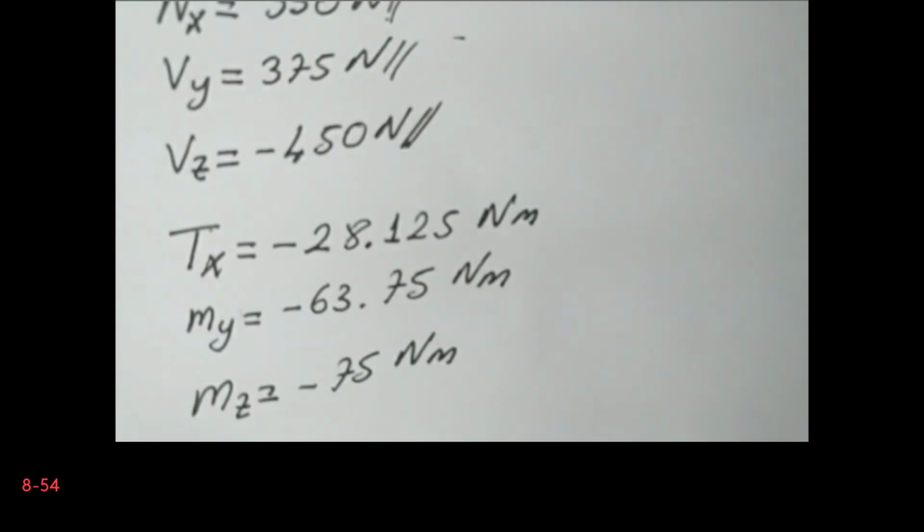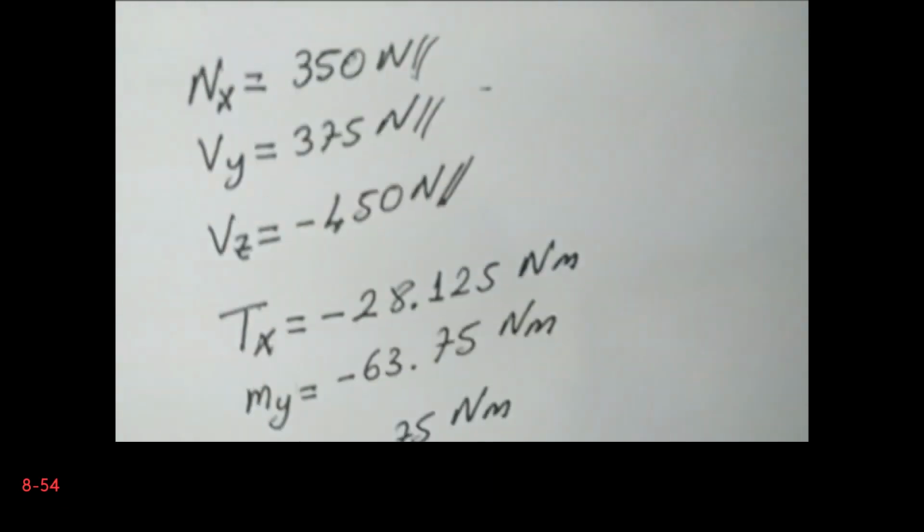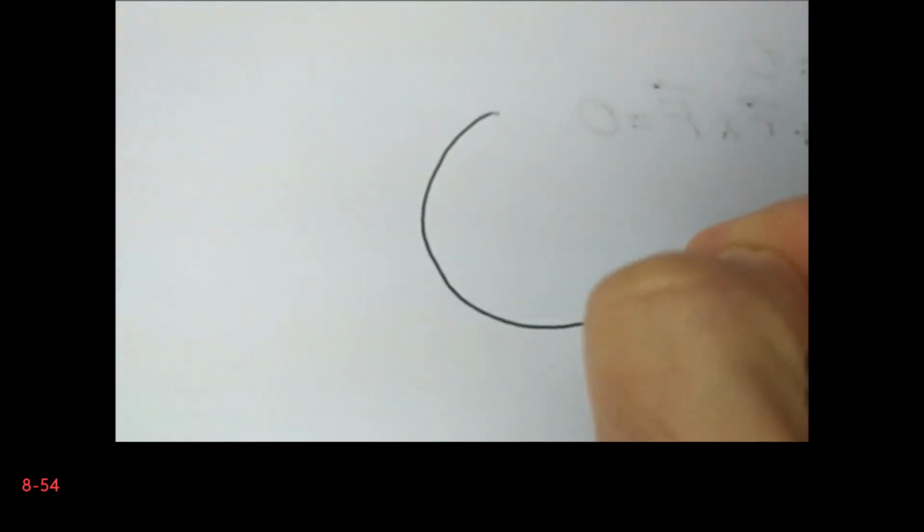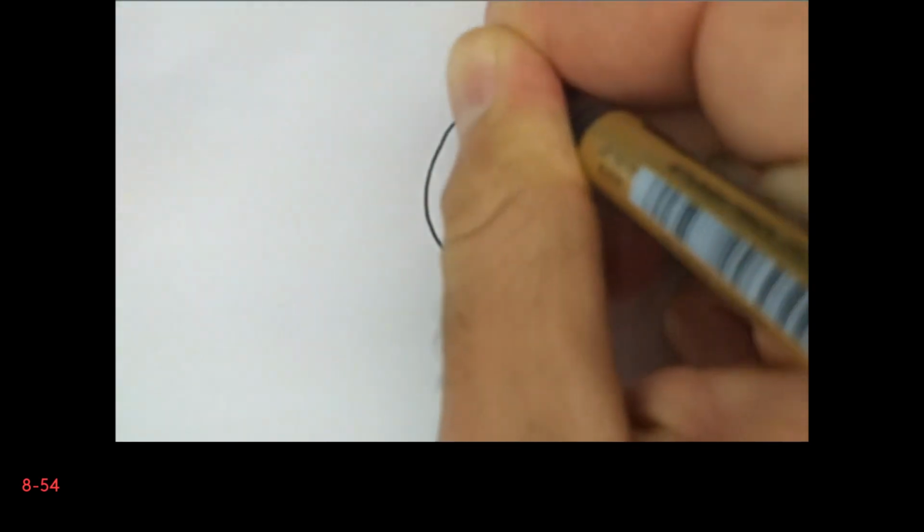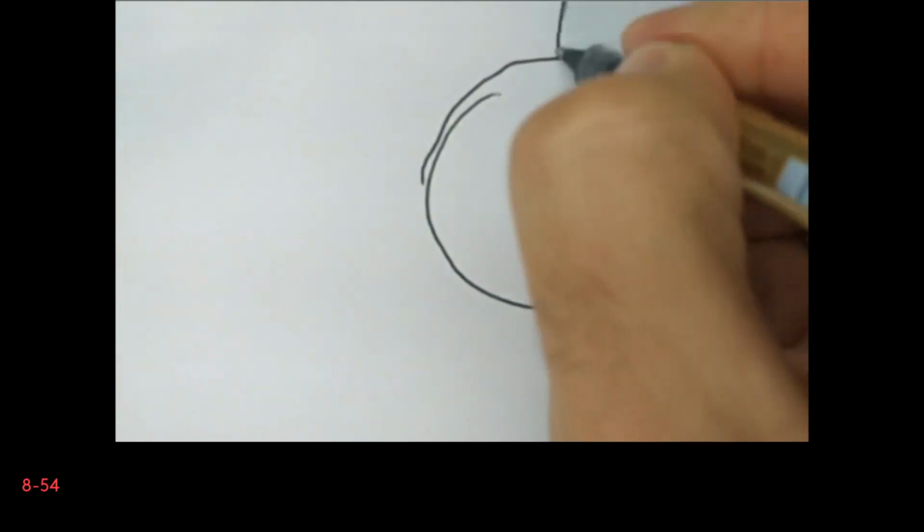Now, in order to calculate the bending stresses, we need to calculate the bending moments of inertia. Since we have a circular cross section, let's draw the cross section here. This is our cross section. Sorry for the bad drawing.